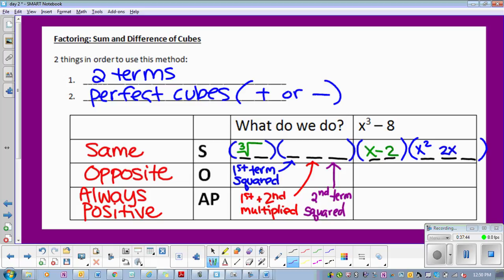So look at the 2. What's 2 squared? 4. Are we okay so far? Yeah.